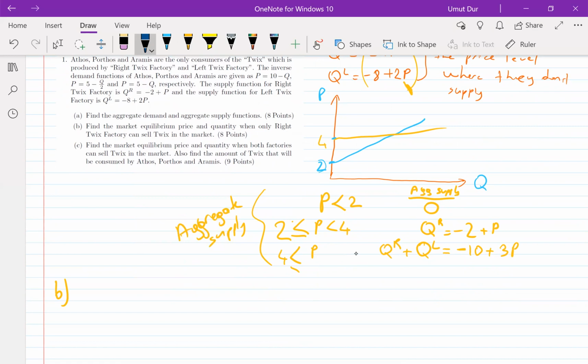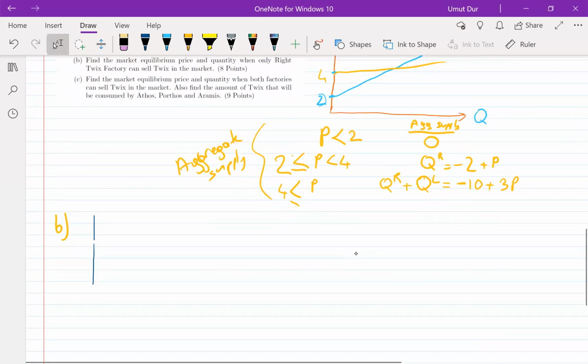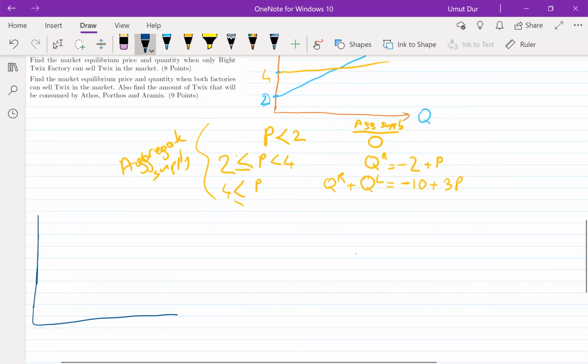Okay. So let me draw the aggregate supply and aggregate demand. Okay, so the part B is somewhat simple. Find the market equilibrium price and quantity when only the right Twix firm can sell Twix in the market. Okay.